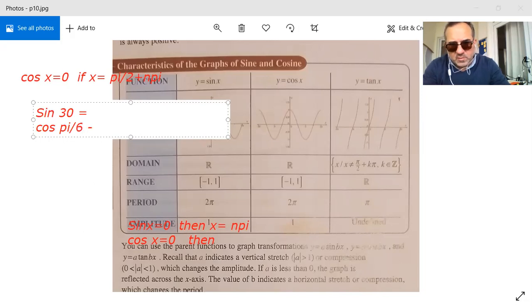You have a calculator, use the calculator to find the correct answer. But the first one, the system should be in degree, and this one should be in radian. If you see pi, pi means radian. Don't forget. This is about the quiz.